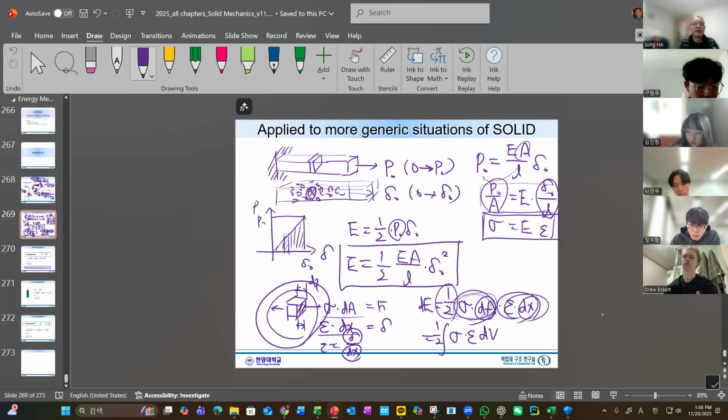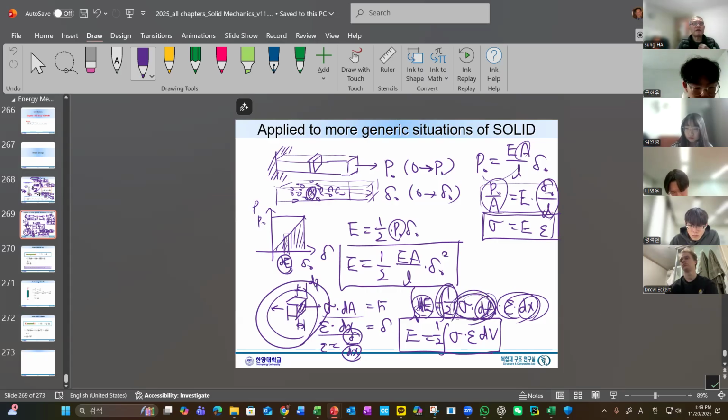So this integration will be like this. So this dE, I'm sorry, don't get confused. This dE is the volume-wise dV, not the half of dE. This dE is the incremental load, but this dE is the small volume. So that's why we still have a half here.